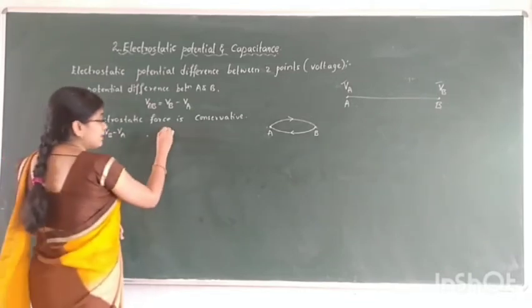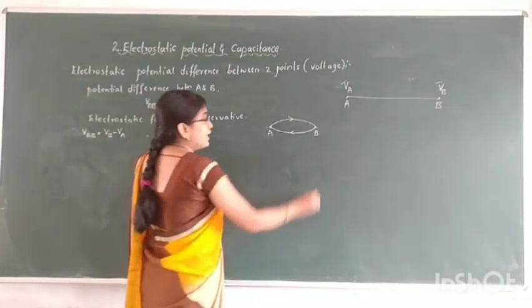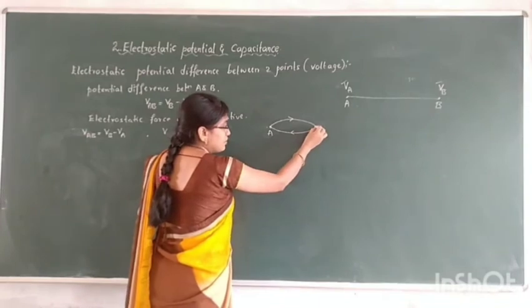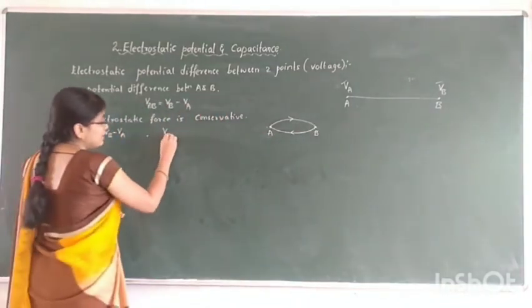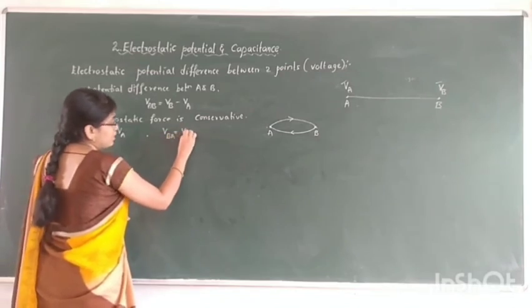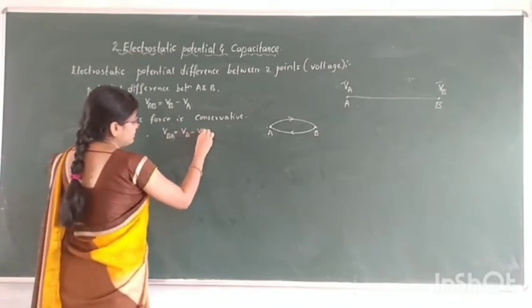Similarly, when a charge is moved from point B to point A, VBA equals VA minus VB.